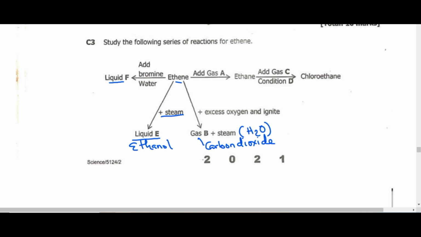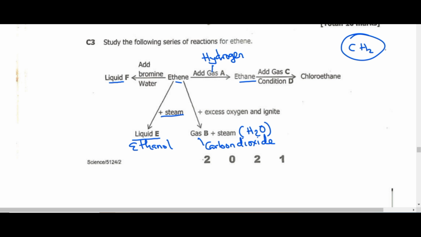Remember in the first question we said that between the families they differ with that. So for us to have ethene from ethane, obviously there must be presence of a certain gas, and that is hydrogen. So hydrogen is needed, that is hydrogen that we have there.